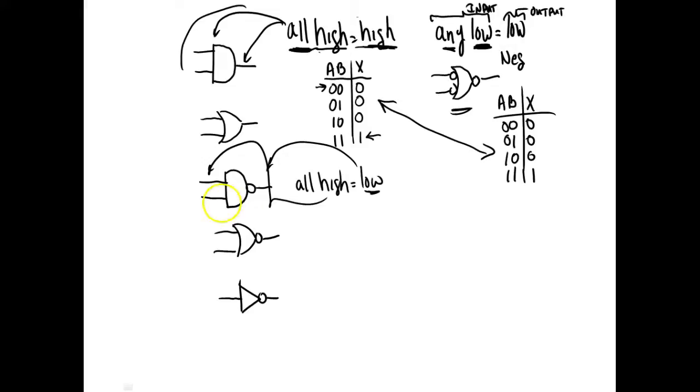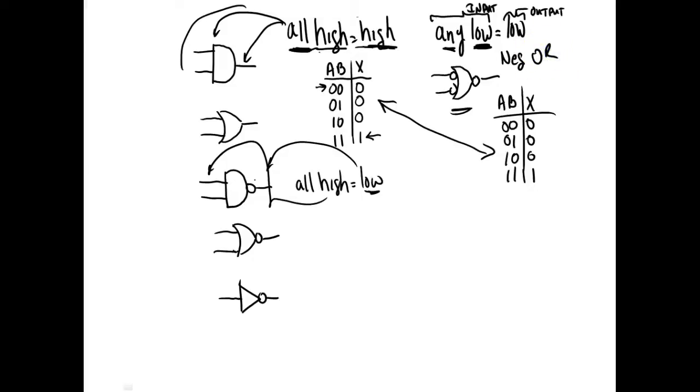When I look down here at this one, I see that the inputs are high active and the output is low active. I come up here and I see the inputs are high active and the output is high active. So up here, the active state of the input and the active state of the output are the same. Down here, the active state of the input and the active state of the output are different. So this is a negative OR.